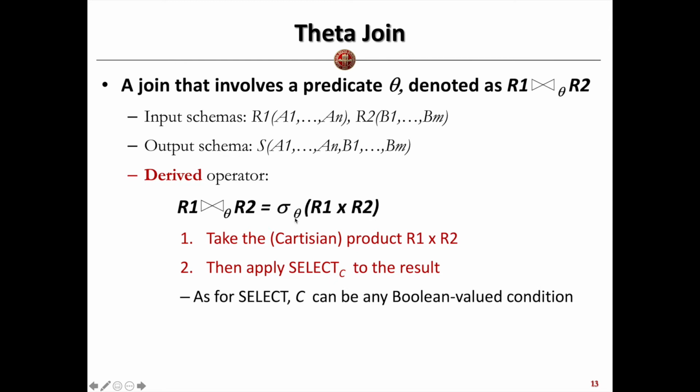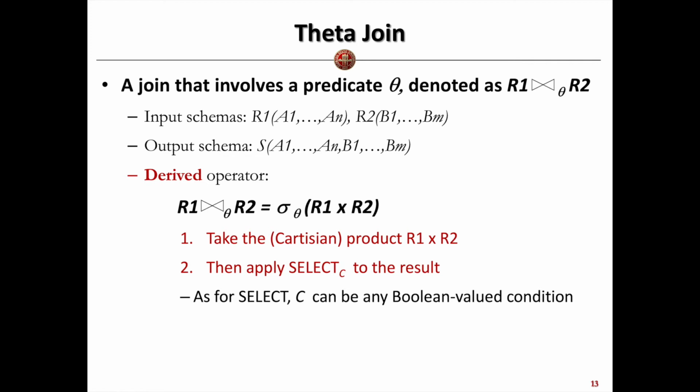This condition is defined by theta, the predicate. Theta is used here for sigma as a condition, as a subscript, and inside the parentheses we have R1 times R2 as the relation we are working on.